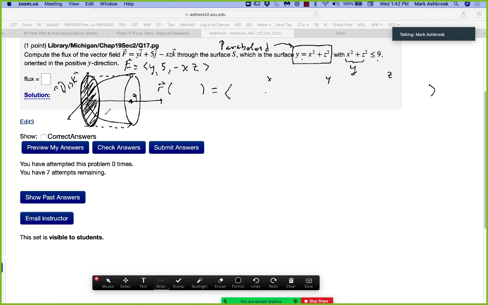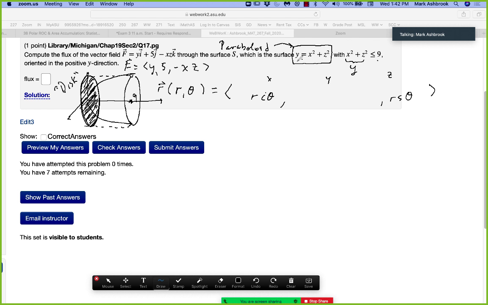So what variables will be convenient to integrate over this disk? R and theta? Yep. So r and theta are going to be the best. So our circles are based in the xz plane. So we can do x as r cosine theta, and z is r sine theta, and then what's y?